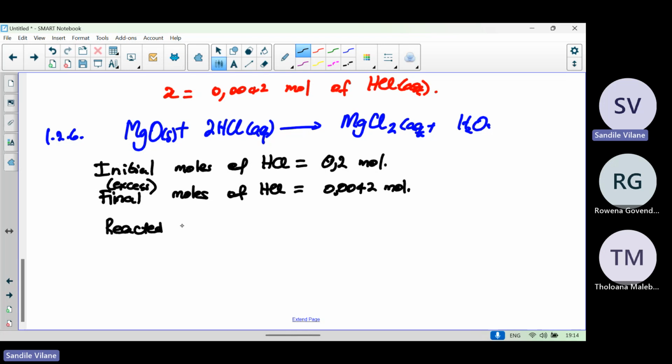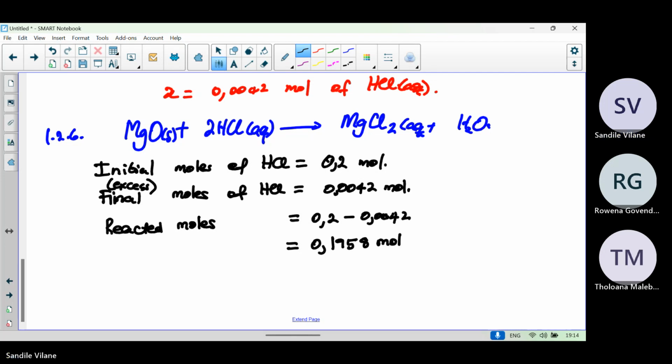Because stoichiometry speaks about reacted moles. Reacted moles is the difference between the two. And what is the difference between these two? It is 0.1958. Am I correct? Yes, sir. These are the moles that have reacted here.